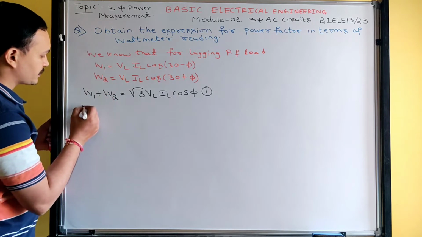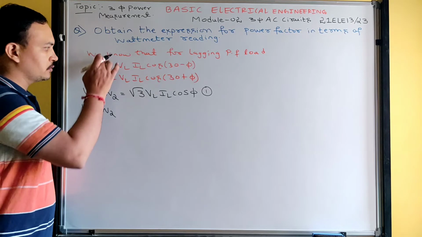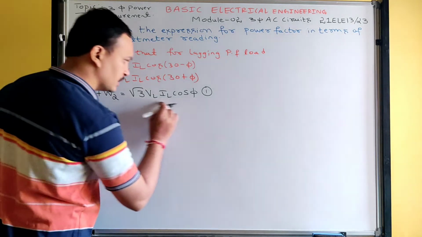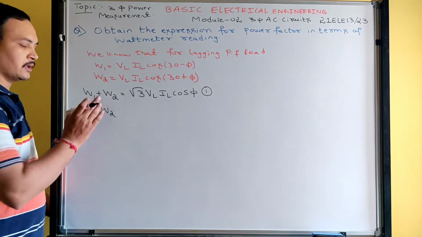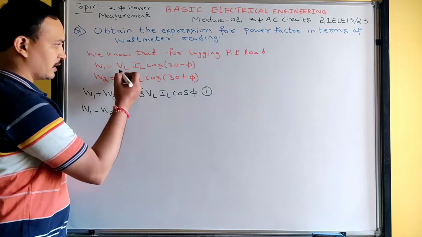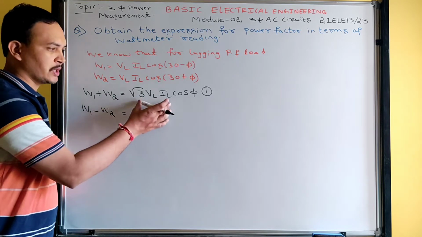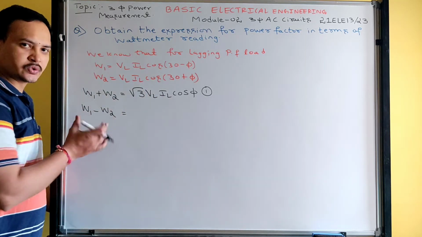Similarly, subtract the 2 wattmeter readings. In the first case, we added the 2 wattmeter readings and got this equation. Now subtract the 2 wattmeter readings. We can simplify that. The addition we did in the previous lecture, so that's why I wrote it directly. Now we can do this one.